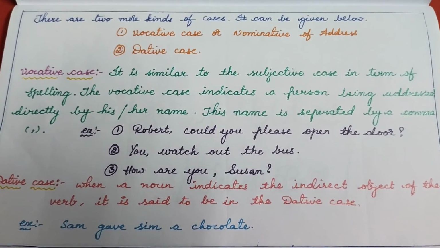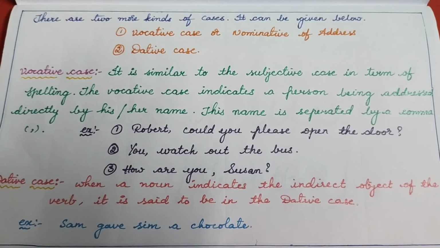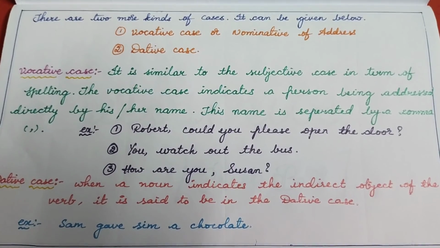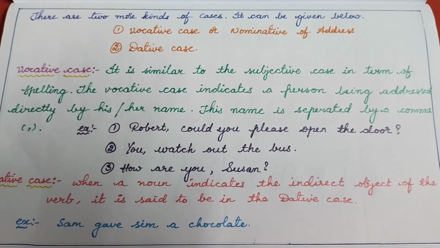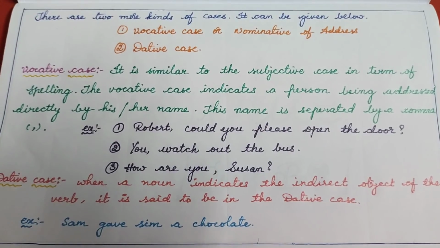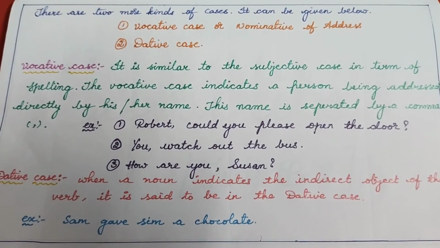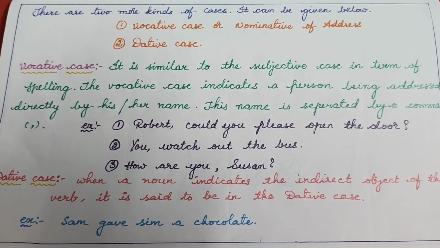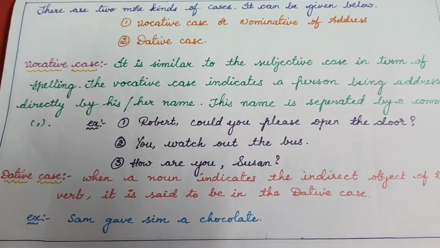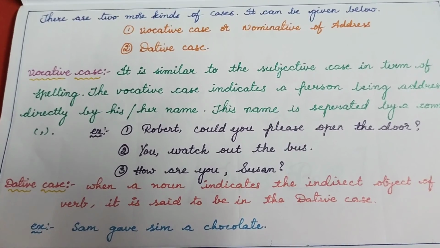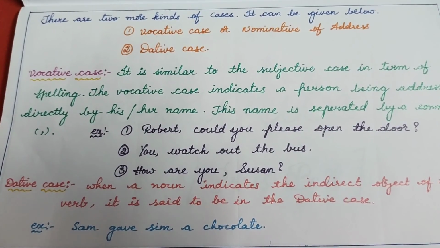See, Sam gave Sim a chocolate. Here it is being indicated by the subject or noun indirectly. So it remains to be dative case. I hope you have understood.